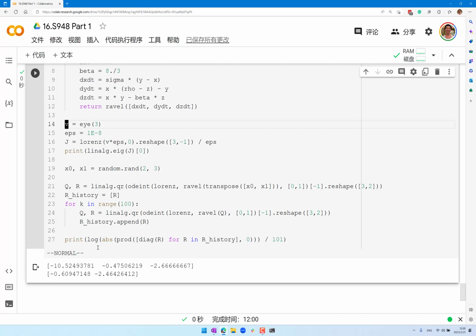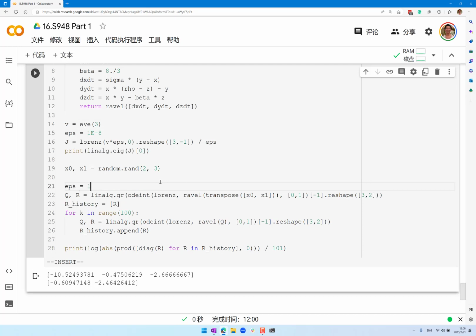I think we are incurring the same problem as last time, which is the nonlinearity. So we want to have something like epsilon equal to 10 to the minus 5, and the initial condition needs to be multiplied by epsilon.